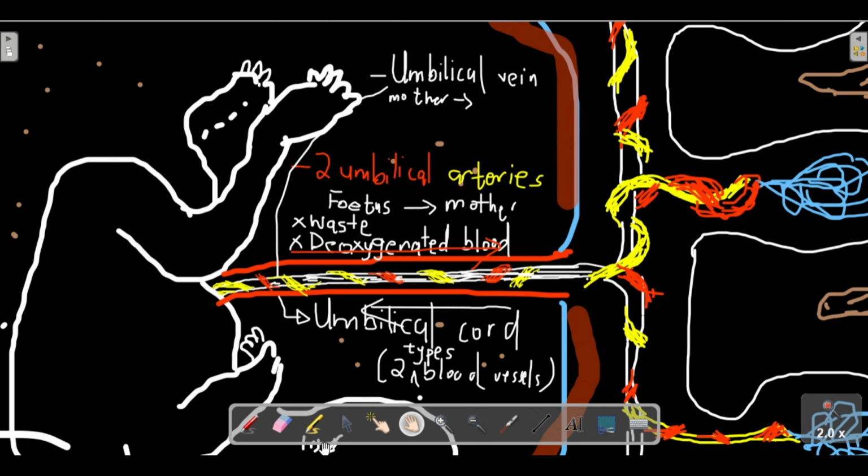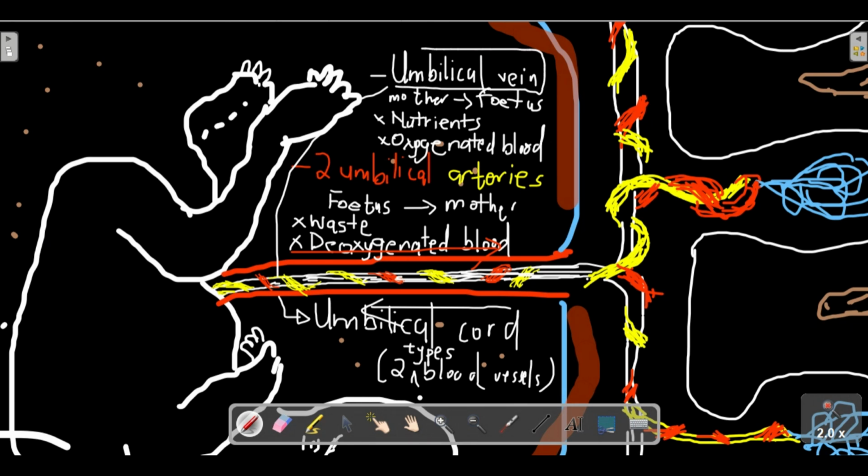Be able to tell the difference between those two, guys. It transports nutrients from the mother to the fetus, and also oxygenated blood. That means it's going to transport oxygen towards the fetus.